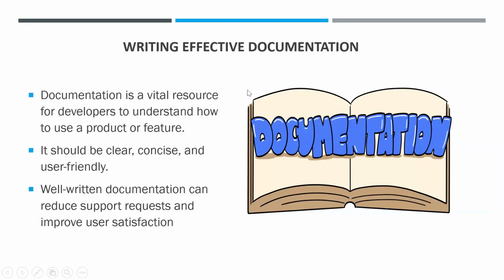So I said, in writing effective documentation, documentation is a vital resource for developers to understand how to use a product or a feature. Do you get? You are documenting for developers. It is developers that will use your product or your feature in their own code base.